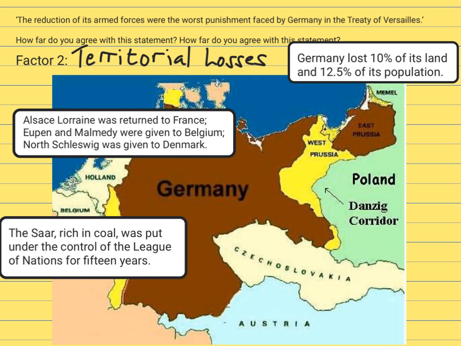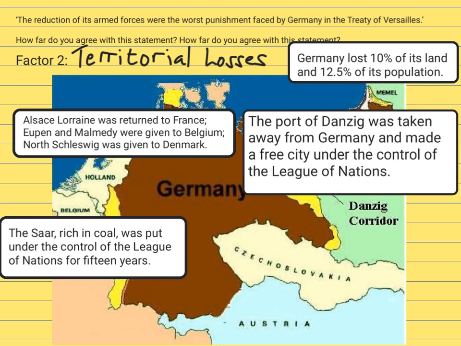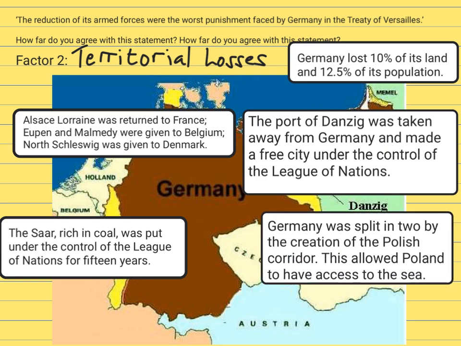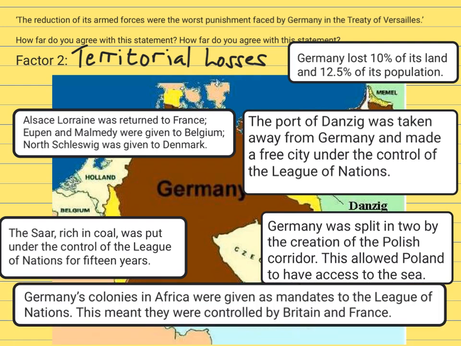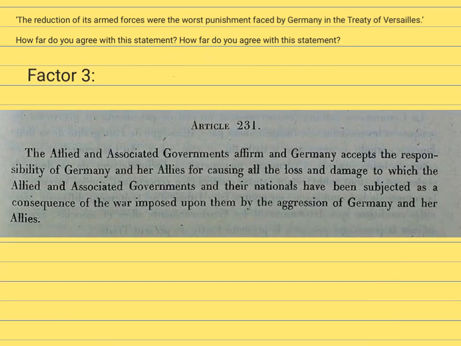Thirdly, we may mention that likewise the same happened with the port of Danzig, and the creation of the Polish corridor meant that Germany was effectively split in two. Finally, the loss of their overseas colonies and empire was another factor which was particularly harshly felt by the Germans.